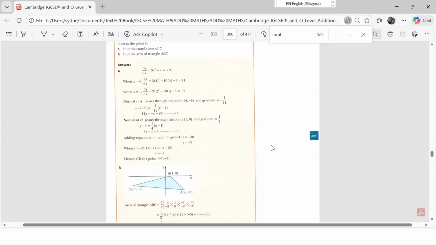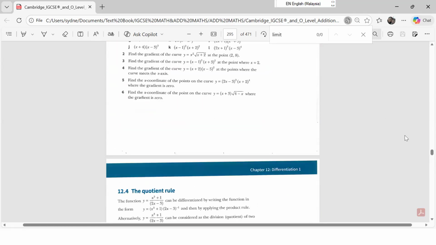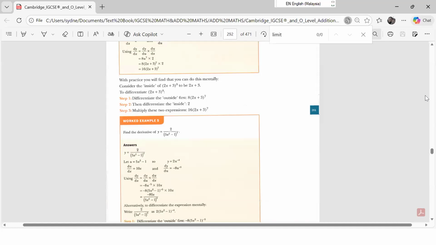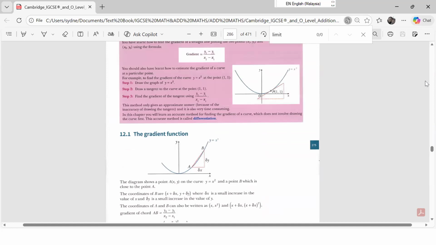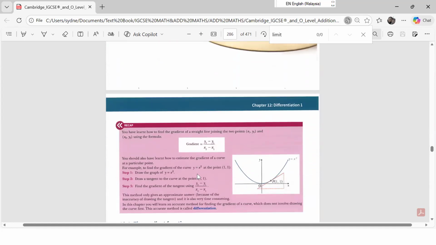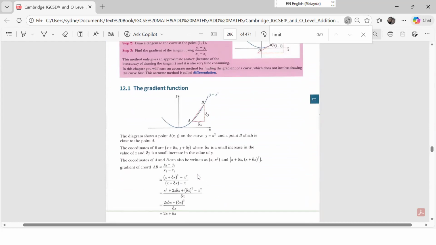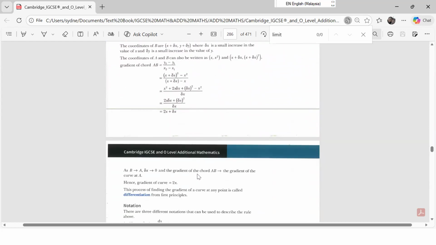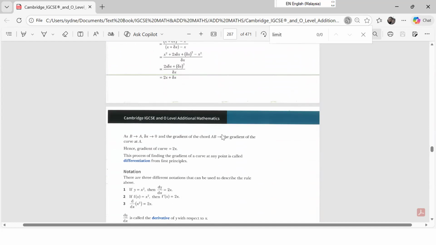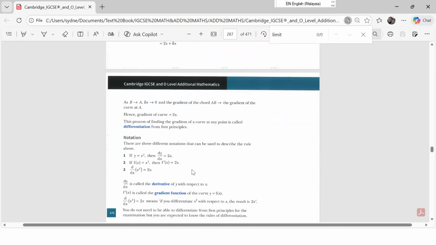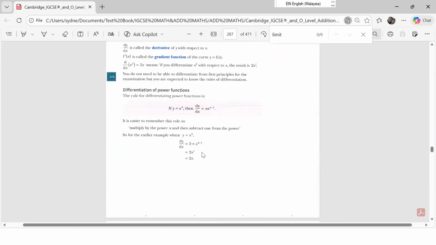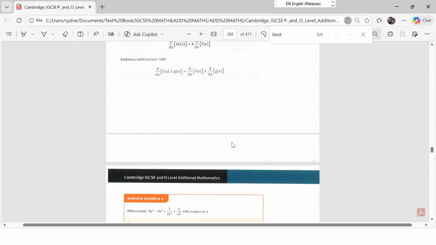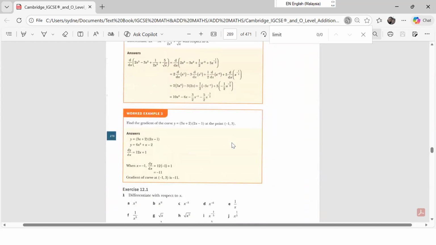Wait, let me check first. The gradient function. You have the gradient. The gradient function. IG never learned the concept of limit.